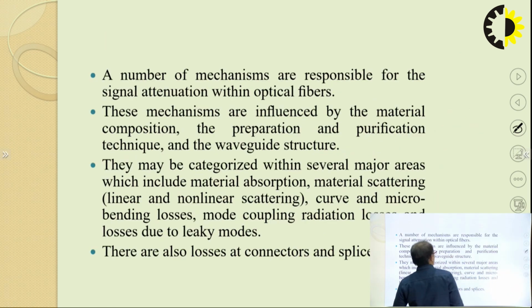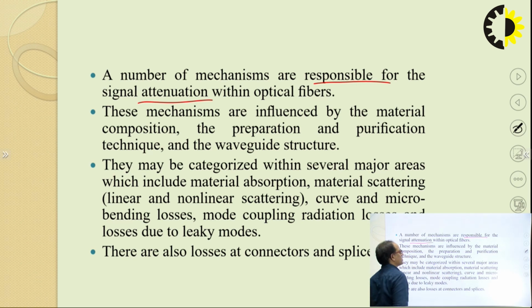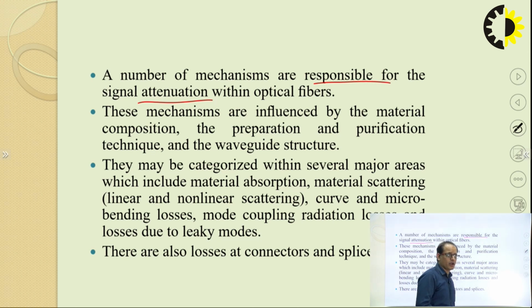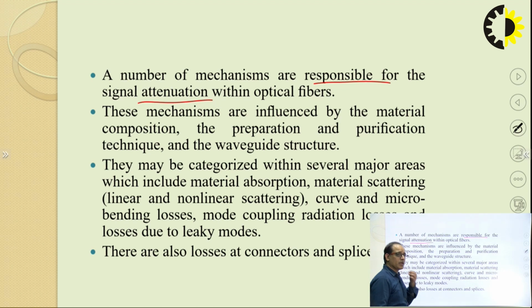As we know, there are a number of mechanisms responsible for signal attenuation within the optical fiber cable. There are a number of factors responsible for the loss in the optical fiber, that is loss in terms of the amplitude of the output signal with respect to the input signal.